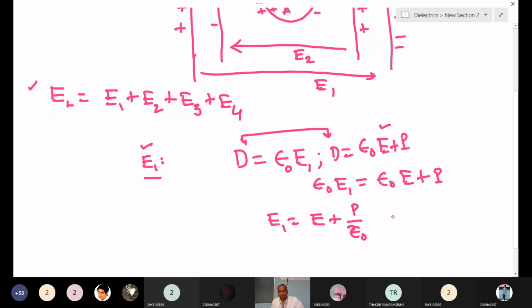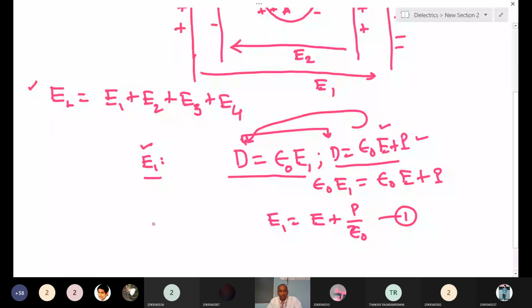This is equation 1. We have estimated the electric field due to the capacitor plates by equating the two expressions for D.